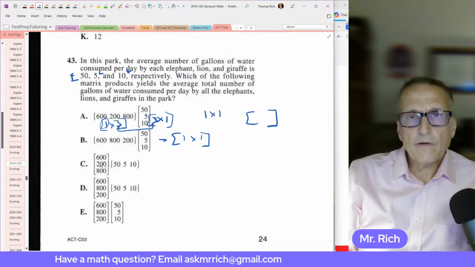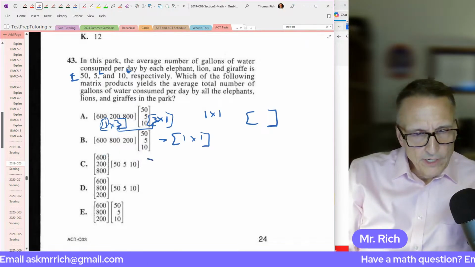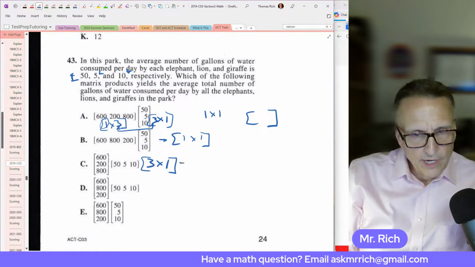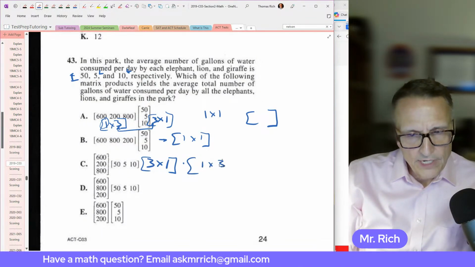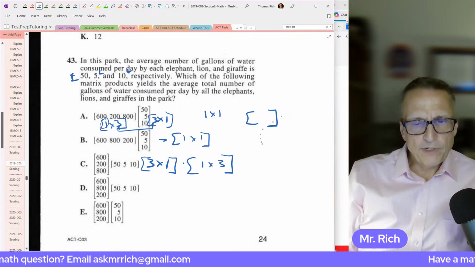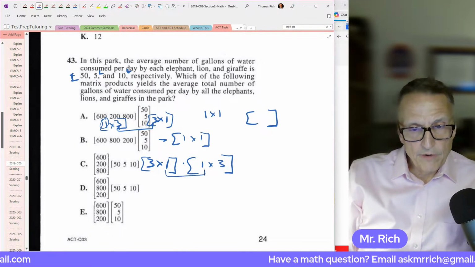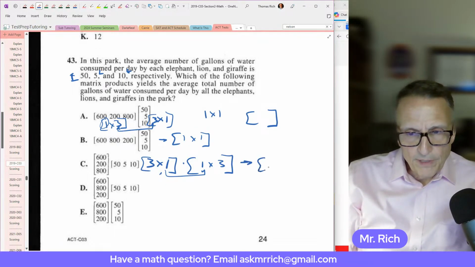Now, these multiplications over here, this first one is a 3-row by 1 column matrix, and then I'm multiplying that by a matrix that is 1 row by 3 columns. And so that result would be a 3 by 3 matrix. These inner dimensions are going to match, which means the result would be a 3 by 3.